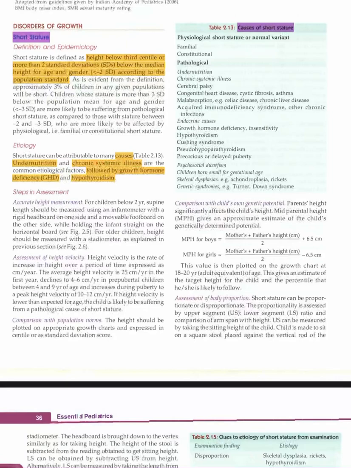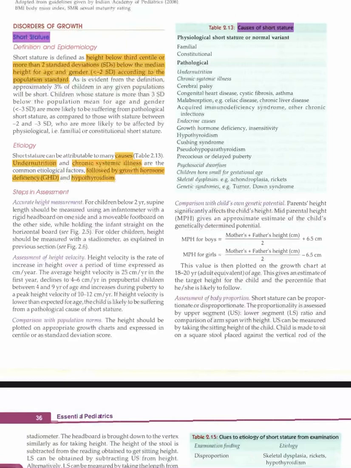Endocrine causes: growth hormone deficiency, insensitivity, hypothyroidism, Cushing syndrome, pseudohypoparathyroidism, precocious or delayed puberty, psychosocial dwarfism. Children born small for gestational age, skeletal dysplasia, achondroplasia, rickets, genetic syndromes: Turner, Down syndrome.